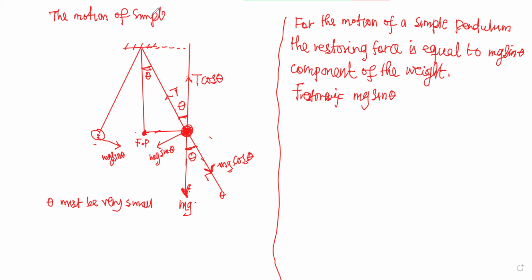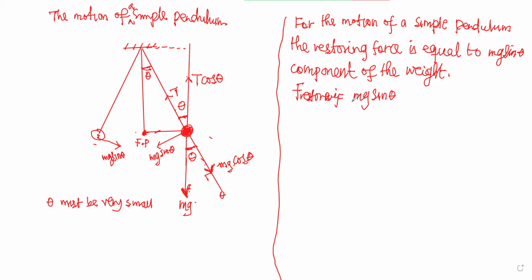Now, the next task is to show that this motion is simple harmonic, and we have a simple pendulum, and we have studied the conditions for simple harmonic motion. One, the acceleration must be directly proportional to the displacement. The motion must occur at a constant or uniform angular velocity, and the restoring force must always be directed to the fixed point.